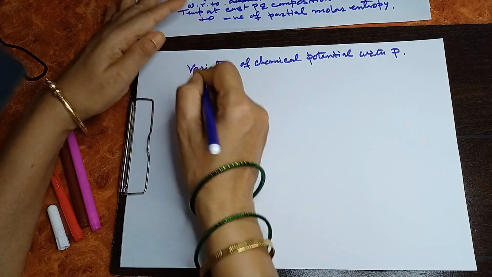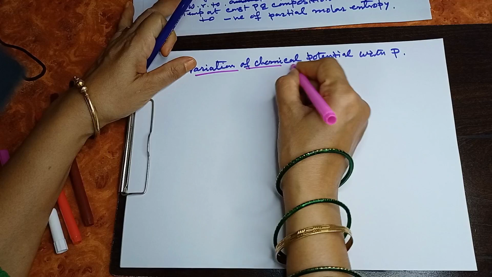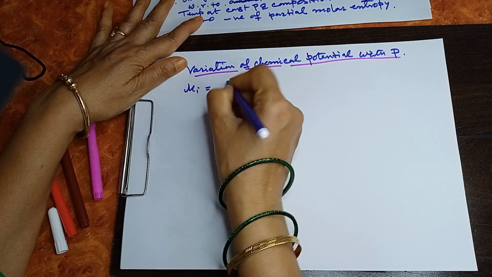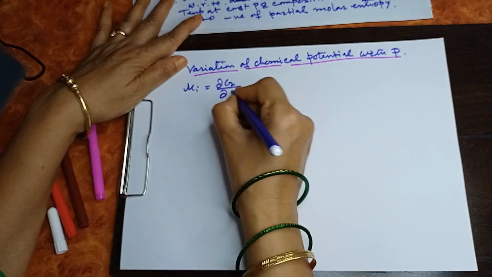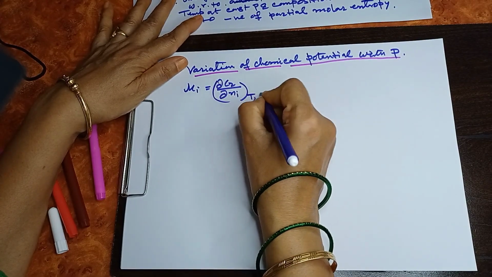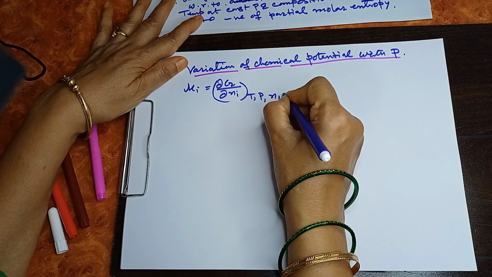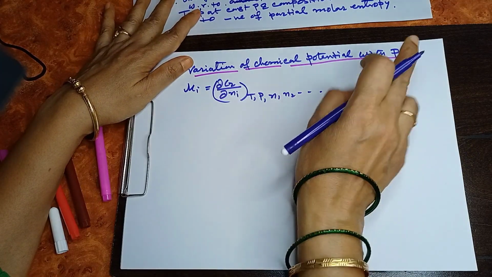See, the chemical potential of this ith component, μ_i, is equal to ∂G/∂n_i at constant temperature, pressure and other components. Right? Now with respect to pressure.